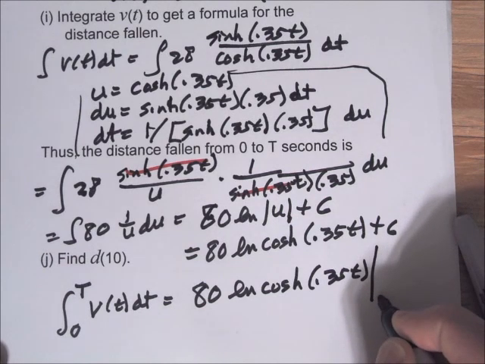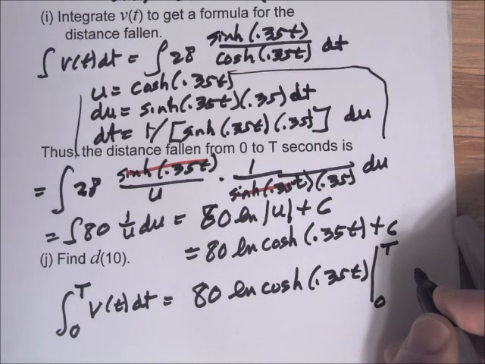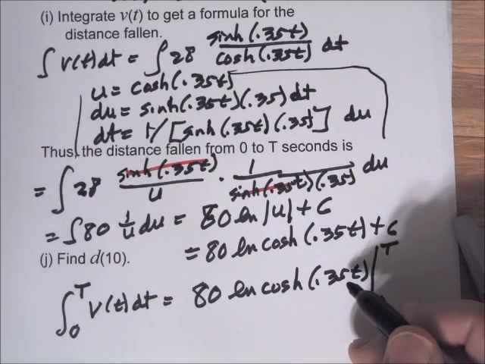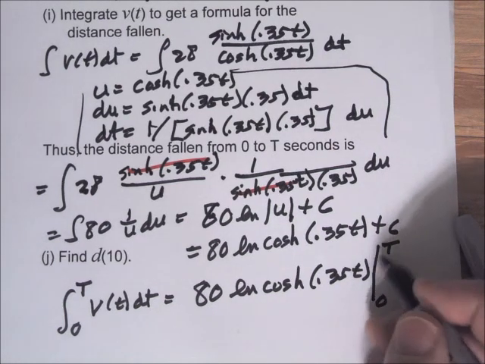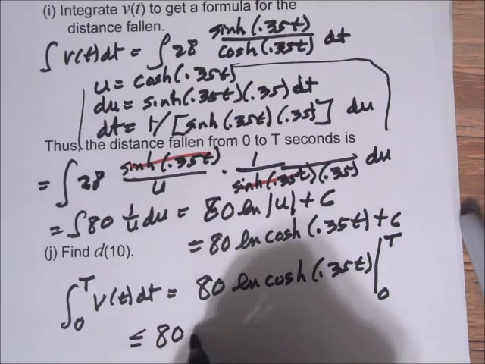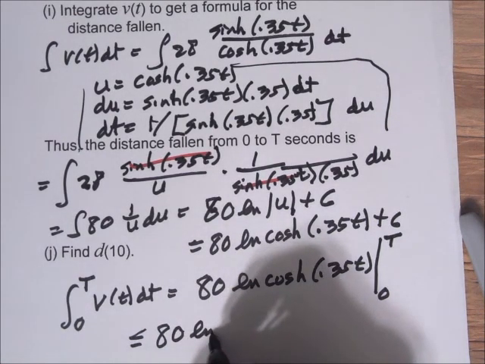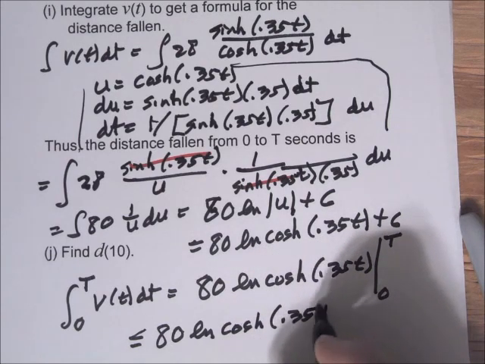We just evaluate this from 0 to t. At 0, cosh 0 is 1, ln 1 is 0, so the bottom limit drops out, and we just have the top limit of 80 ln cosh of 0.35t.